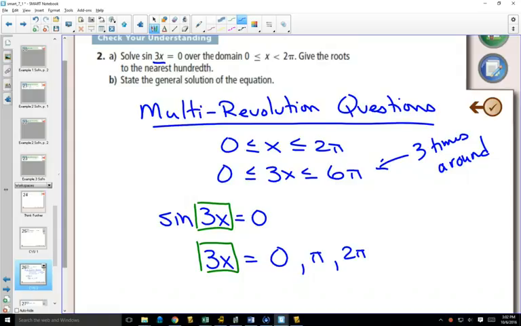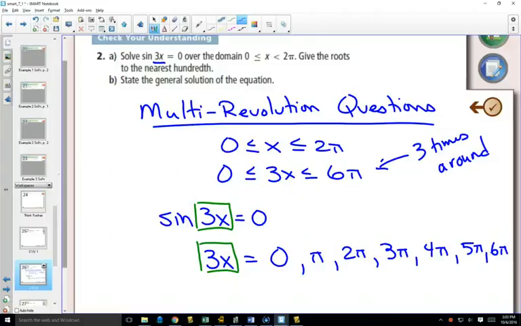And we just did from 0 to 2 pi, which is the first time around. What would the answers be if we went a second time around? Three pi and 4 pi. And what would our answers be the third time around? 5 pi and 6 pi. So that would be 3 full times around.